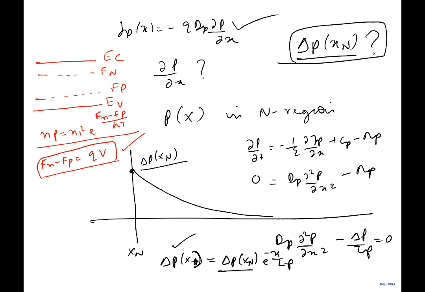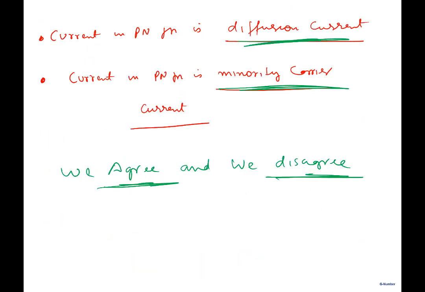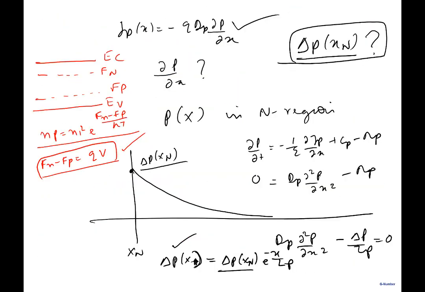So if you assume that Fn minus Fp is equal to qV, then we can say np equal to ni square e to the power qV by kT. Now n, what will you write? n you will write as Nd plus p, and p you can write as this one here.